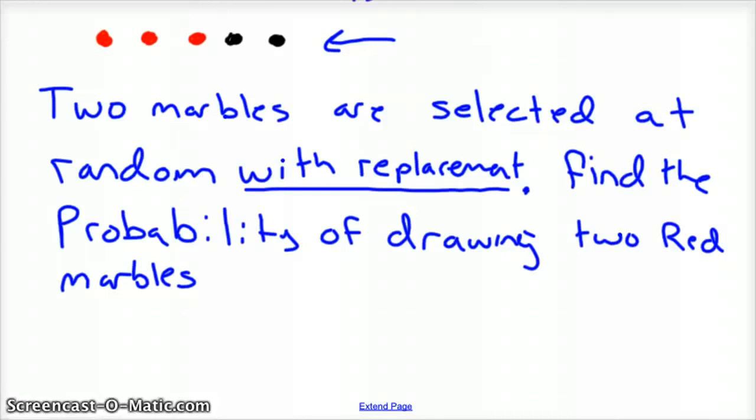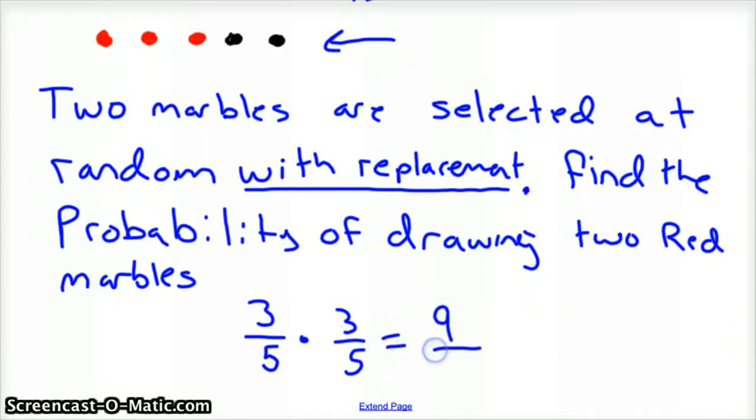So the probability of drawing a red marble the first time is 3 out of 5. The probability of drawing a red marble the second time would be, again, 3 out of 5. So the probability of drawing 2 red marbles while we replace the first one is 9 out of 25.